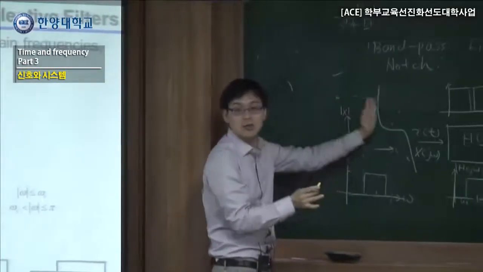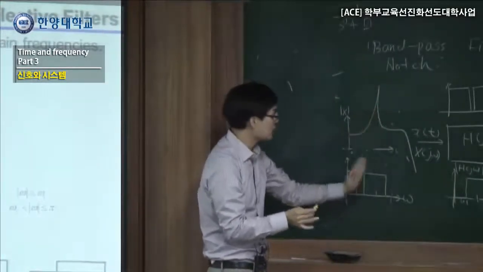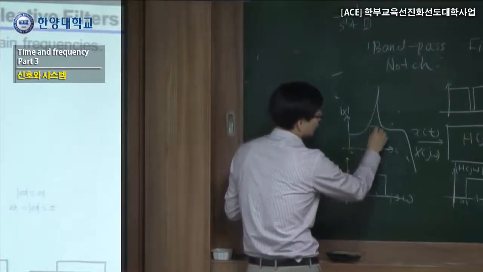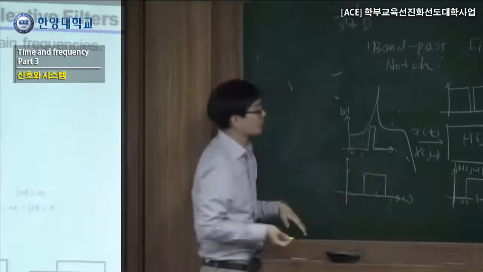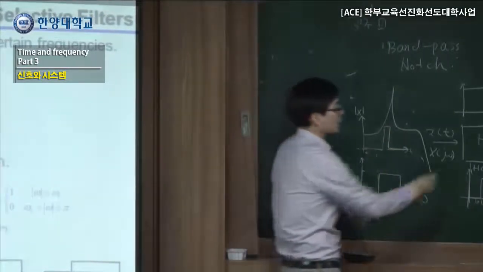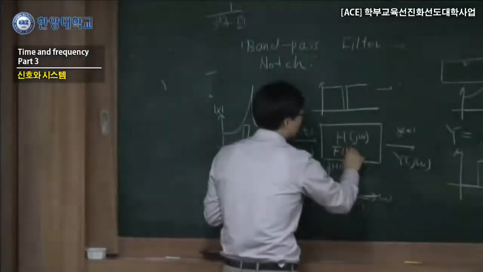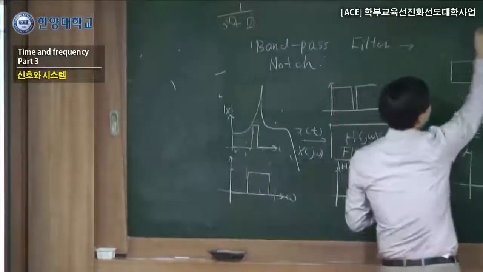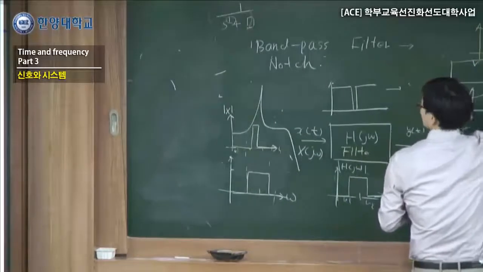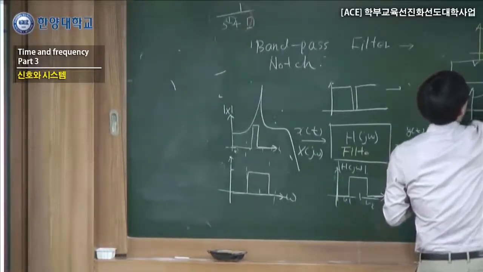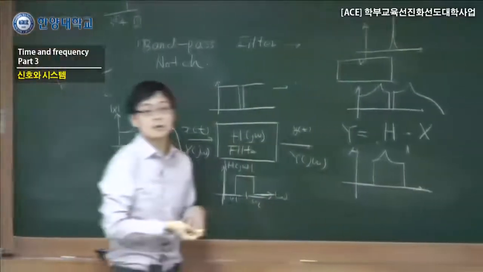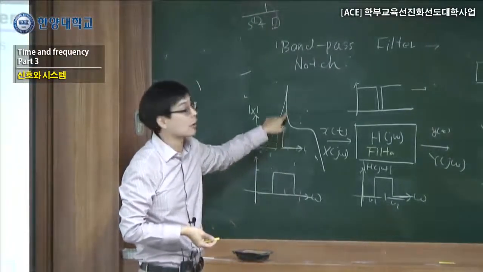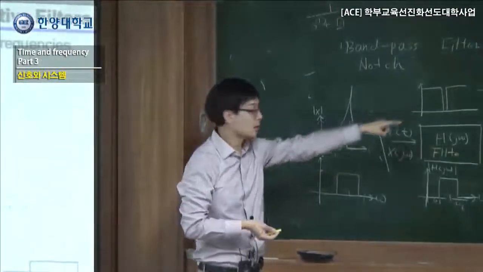You are more interested in this one. Then you select a band pass filter, which is shown here, to pass like that, and this is your filter, and they will pass like this, right? So if you want to look at this, then you can do that using a band pass filter.